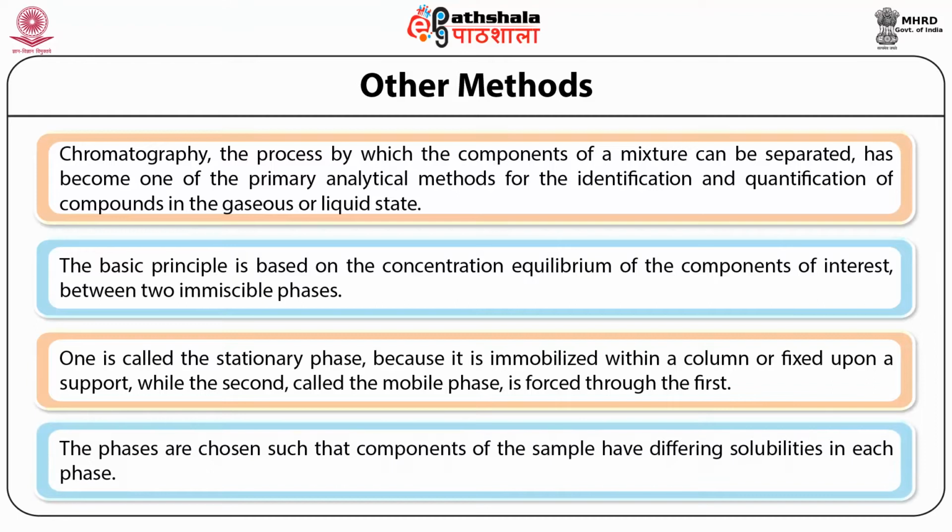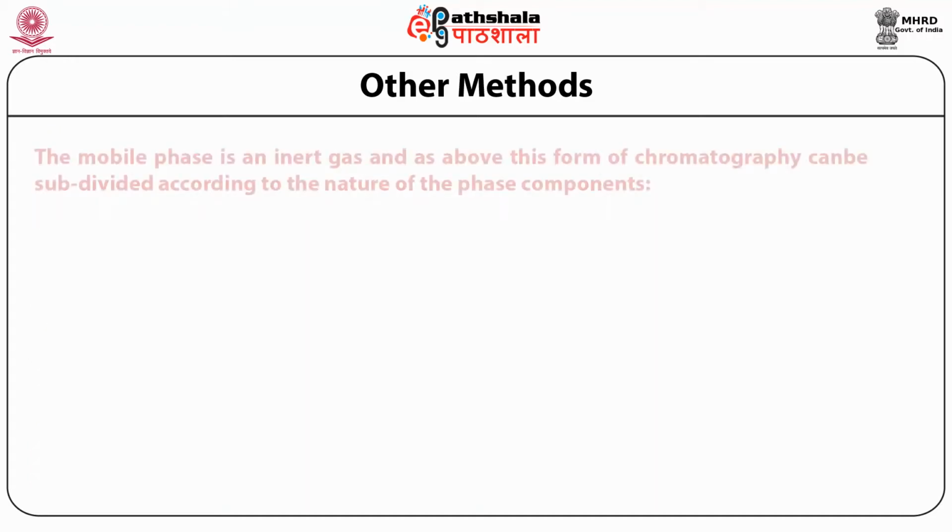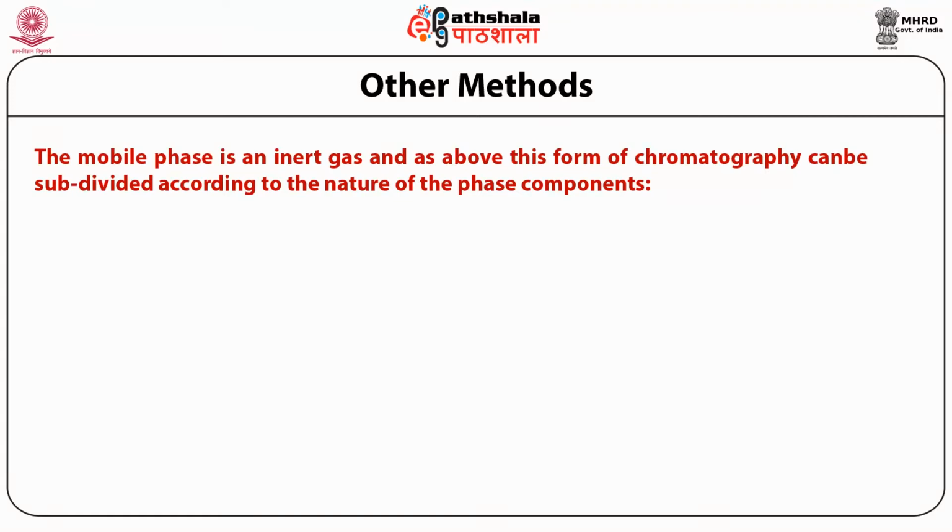The phases are chosen such that components of the sample have differing solubilities in each phase. The mobile phase is an inert gas, and this form of chromatography can be subdivided according to the nature of the phase components. Number one is the gas liquid chromatographic technique, that is GLC.